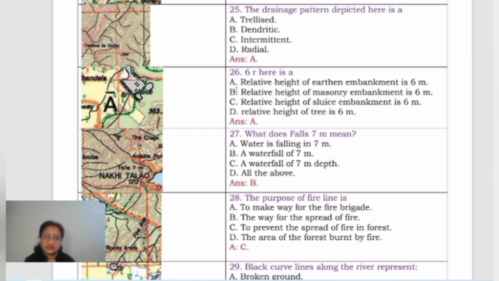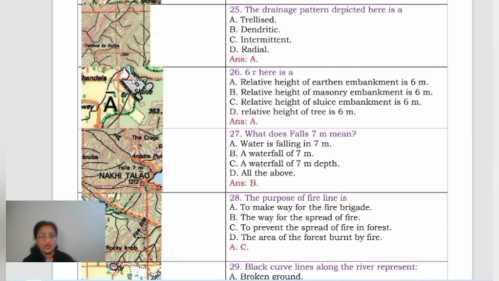Now in this picture you can see here the 6R. Along with this you will find the embankment symbol. A seasonal stream and a tank, a tank with an embankment is there.